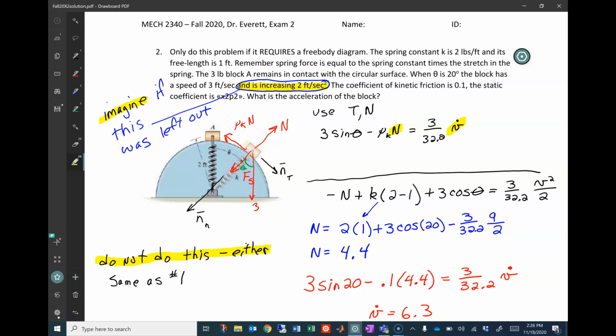So let's say you're going to use a free body diagram. Over here I have the free body. It has a weight down, which is the 3, and it's vertically down. What other forces? You look for contact. There's a pressure force right here coming from that blue circular thing.